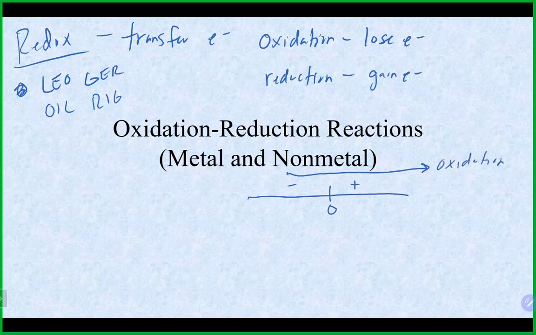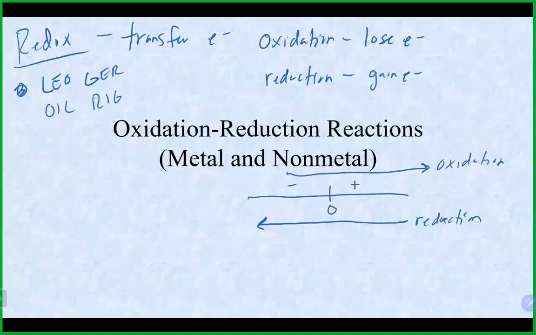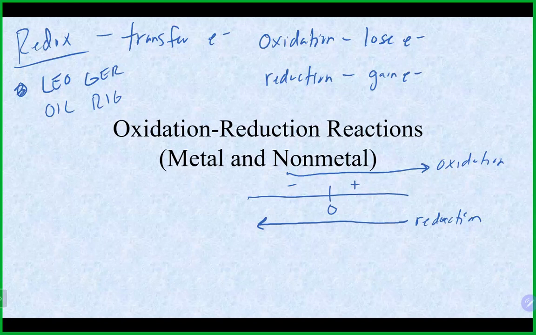If something is going from more positive towards negative, that is what happens when somebody gains electrons, because now they have more electrons than they started with, and that thing is going through reduction. The nice thing about oxidation reduction reactions is they always occur together. If somebody gets oxidized, somebody else is getting reduced. So if you can figure out one of them, you know what will happen with the other.